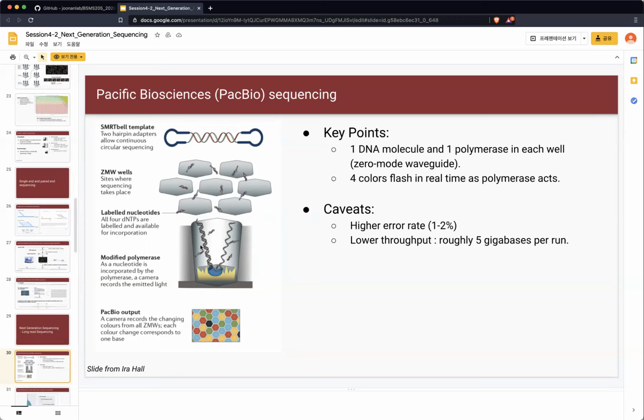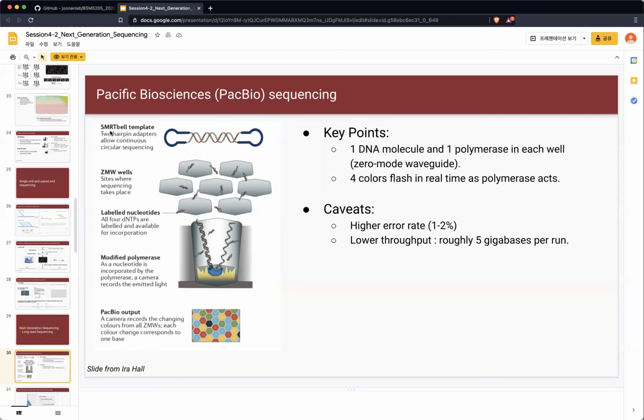Yeah, most of the ideas are quite the same. Basically the sequencing is the same, but they natively use much longer read library preparation in their templates.